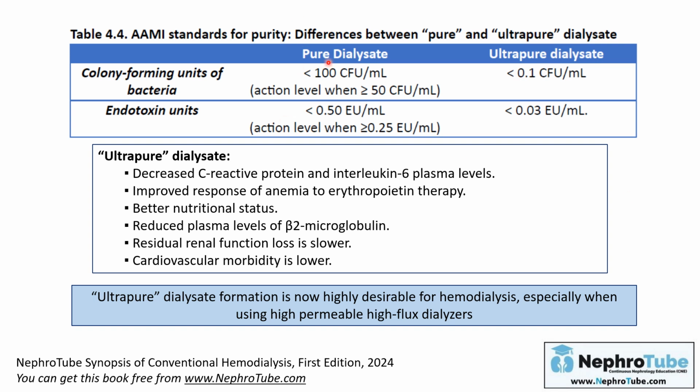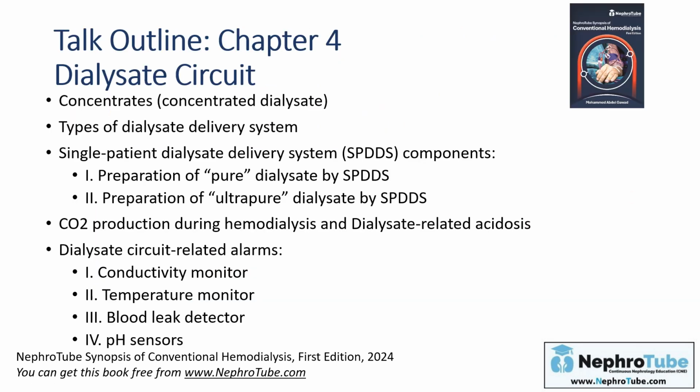So although the pure dialysate has a low bacterial count and endotoxin units and is not causing pyrogenic action, it may contribute to a chronic inflammatory response, which may cause long-term complications in our patients. That's why the use of ultra pure dialysate is better, and it is confirmed that it has many advantages over pure dialysate.